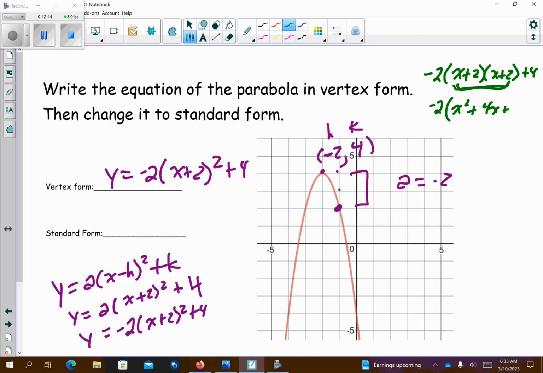Times 2 is plus 4. And then plus 4. I want to distribute over, so there's a little bit more work, but it's still, I think, easier to do if you follow the routines. And plus 4, we're going to combine those like terms together, so I'm going to get y equals negative 2x squared minus 8x minus 4.